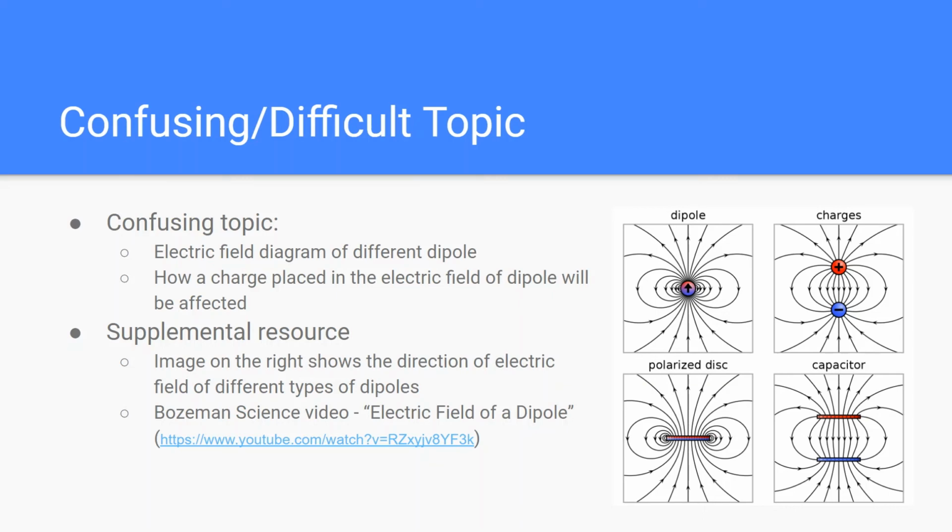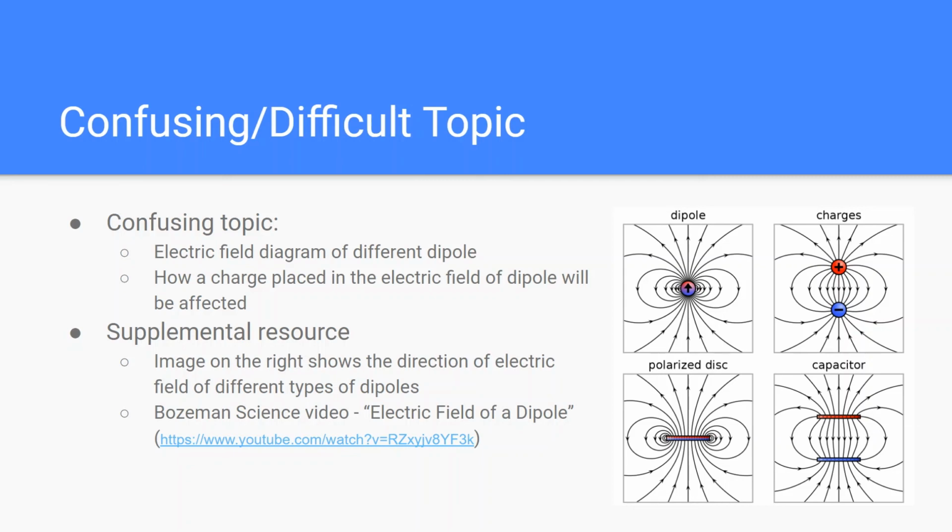As you can see, in the top left corner, you have the ordinary dipole, and the electric field is pointing out from the positive side and into the negative side. And this is more clearly identified in the diagram next to it, which is labeled charges, and you can see the lines are coming out from the positive charge and going in towards the negative charge.